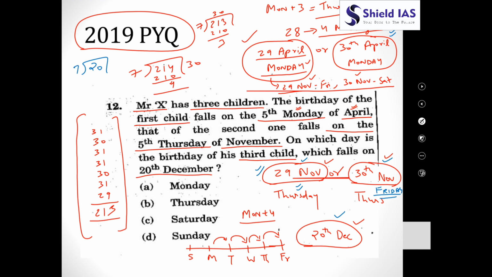Divide this 20 by 7. 7 2s are 14. Remainder comes out to be 6. If remainder comes out to be 6, then the day on 20th December would be the initial day, Friday, plus 6. This comes out to be Thursday. So the answer to this particular question is B.